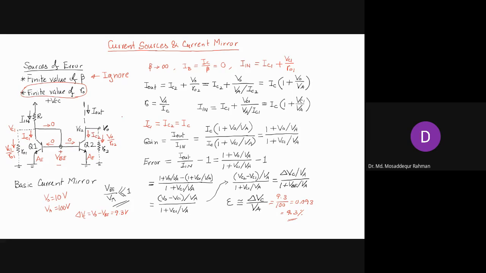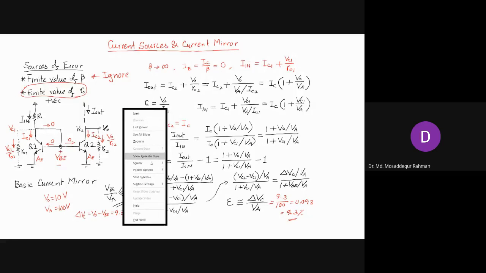So there are two ways to increase the output resistance. One is to insert a resistance in the emitter circuit. If we have a resistance in the emitter, that will increase the output resistance. The other is the cascode configuration. The cascode configuration has a very high output resistance, if you remember that.